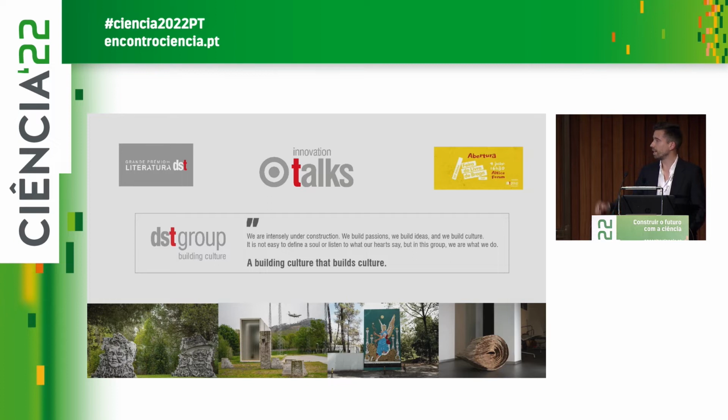Even outside on the campus, we have murals like the ones that you see there of our founders, designed by Vhils, and other statues. Besides that, we also have a big investment in literature. I believe the ST Group is the company in the north of Portugal with the biggest private investment in culture. But in fact, this is not the only focus.